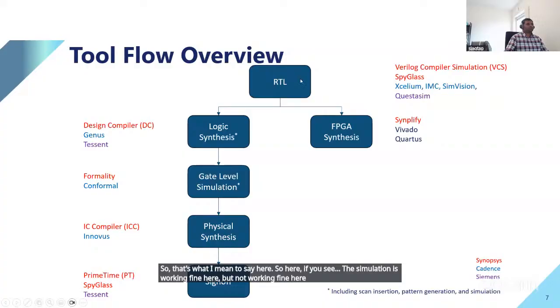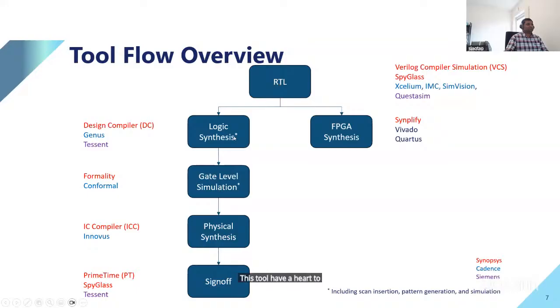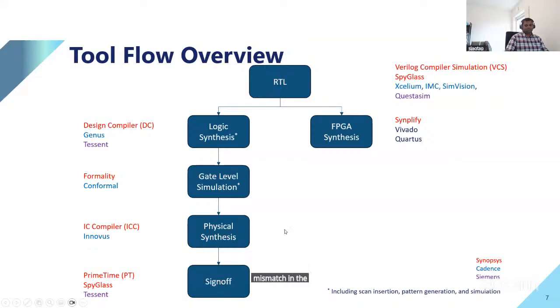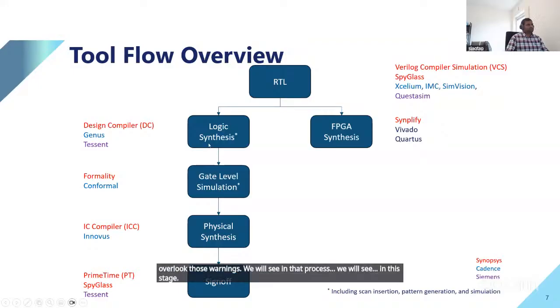That means you have written code in such a way that the tool has a hard time understanding it, and then it performs some kind of assumptions. Of course, it will warn you in the log file if it is making any assumption, and it will explicitly tell you this assumption can result in a mismatch in the RTL simulation and gate level simulation. So you should not overlook those warnings. We will see in this stage what exactly those warnings look like.